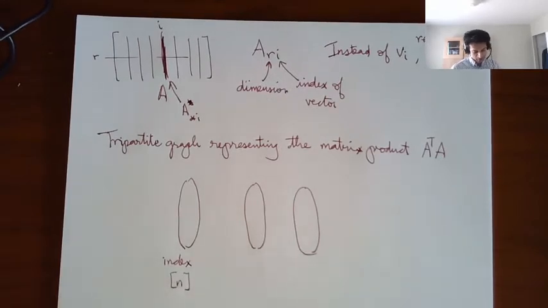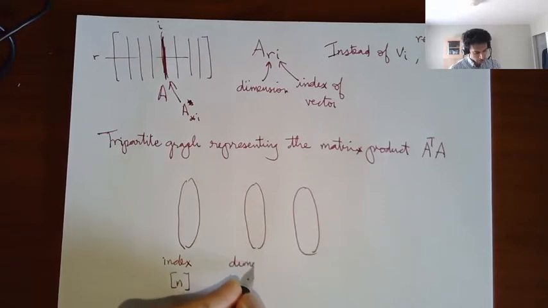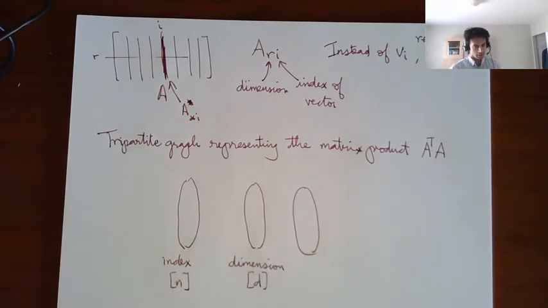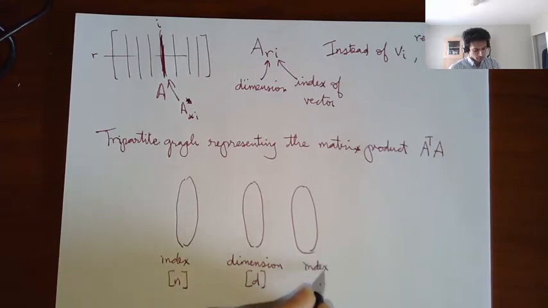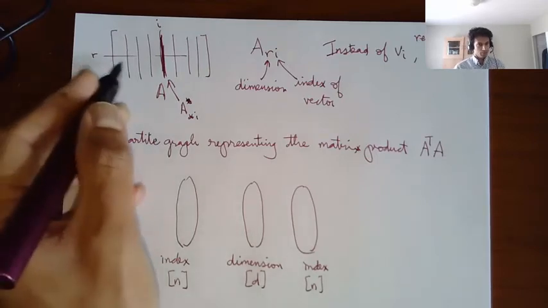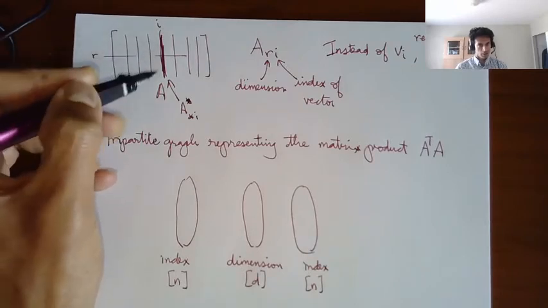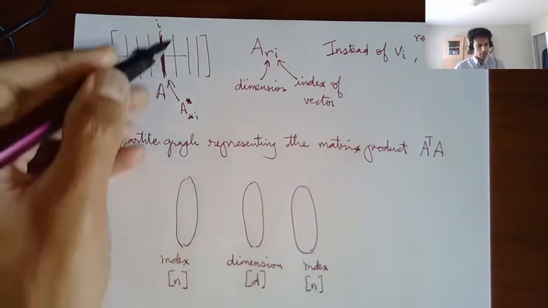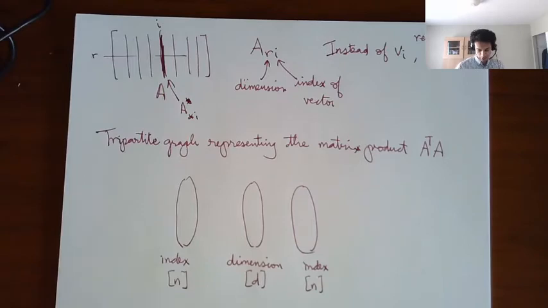This is a dimension in D. And this is again an index in n. It's the same thing.